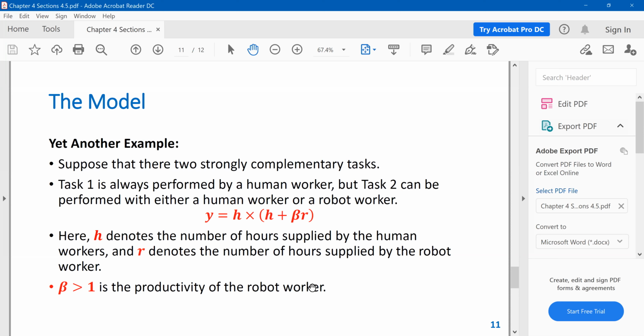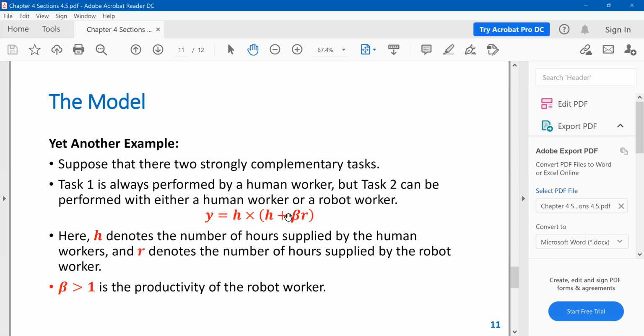Now, again, there are two tasks. But now, one of these tasks could also be performed by a robot. So task one is always performed by a human worker, H. But the other task can be performed by a human worker or a robot worker.